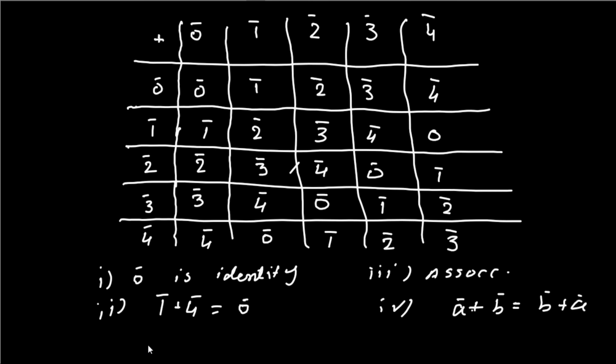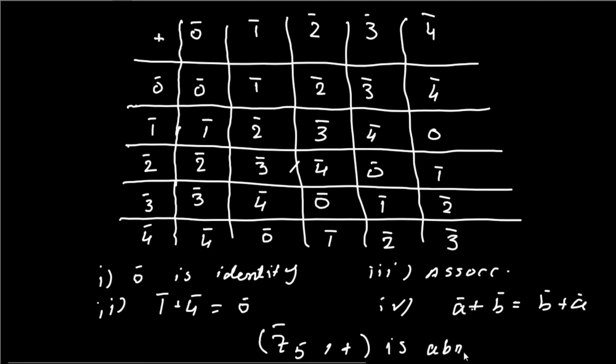So this means that Z5 is an abelian group under addition. We have proved over here that Z5 is an abelian group under addition, because the properties of an abelian group are satisfied.